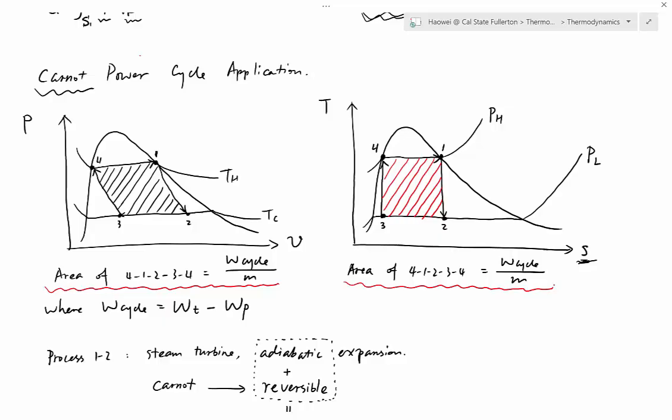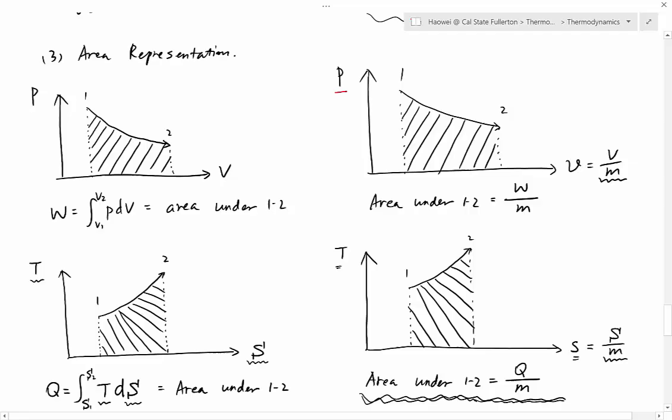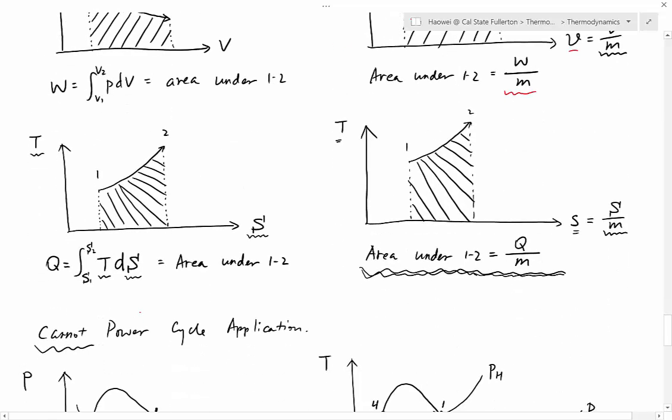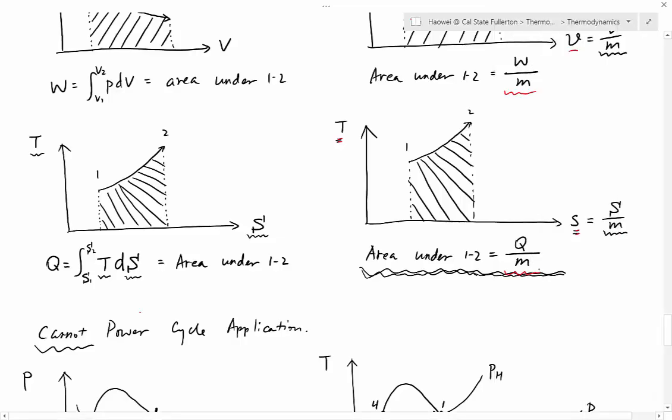cycle per unit mass. Okay, but one thing I want to point out here is if you have a P versus nu diagram, like here, the area under one single curve is work per unit mass. And on a T versus S diagram, the area under one single curve gives you actually heat transfer per unit mass.